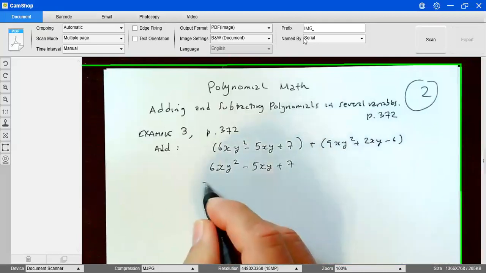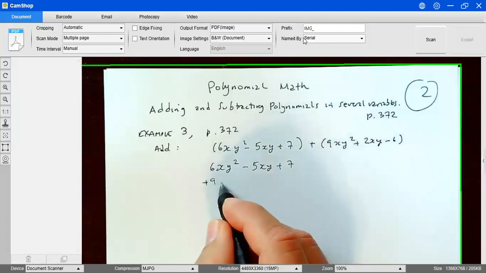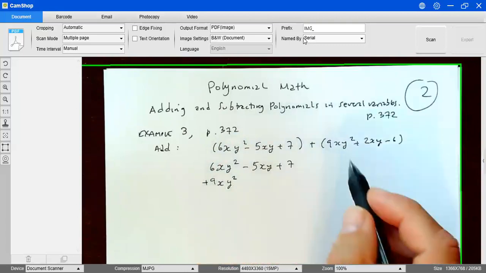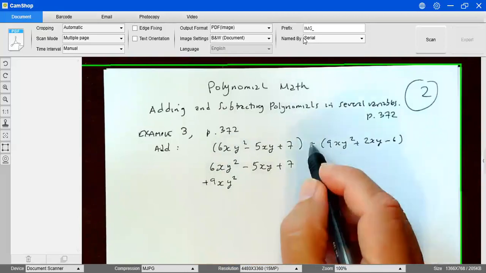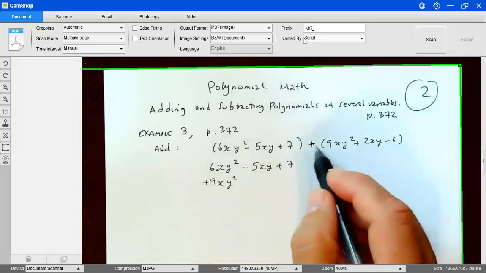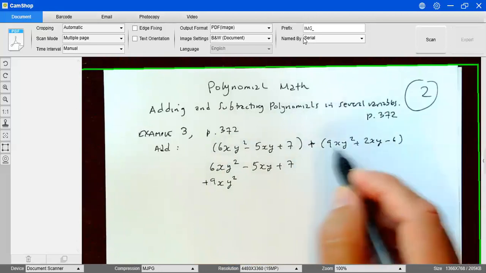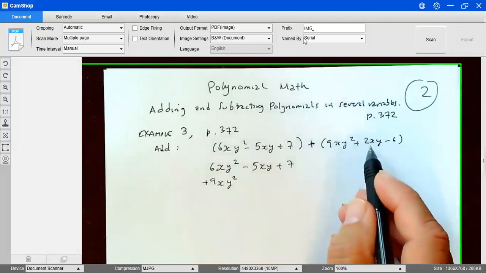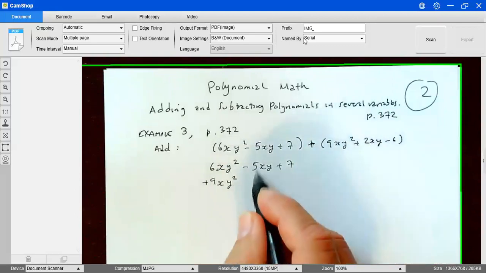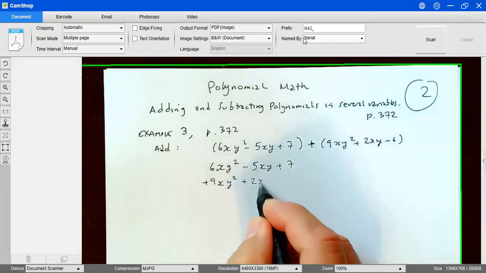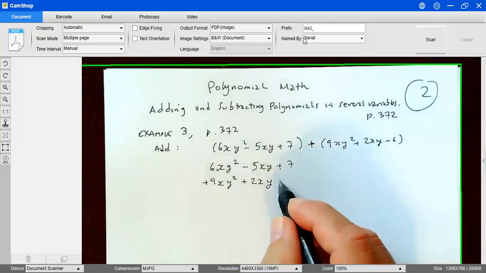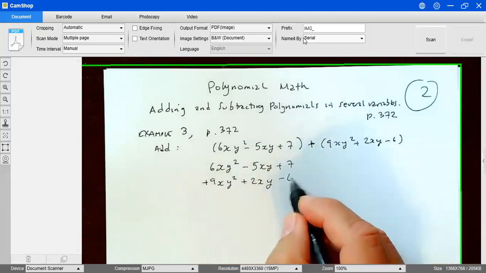So we need to write here 9xy squared. We are just removing the parentheses. The sign is positive, so we don't need to change the sign or anything inside of this parenthesis. So now I have 2xy. So this is the column for xy. Finally, the last column is for the constant term. So I'm going to write here negative 6.